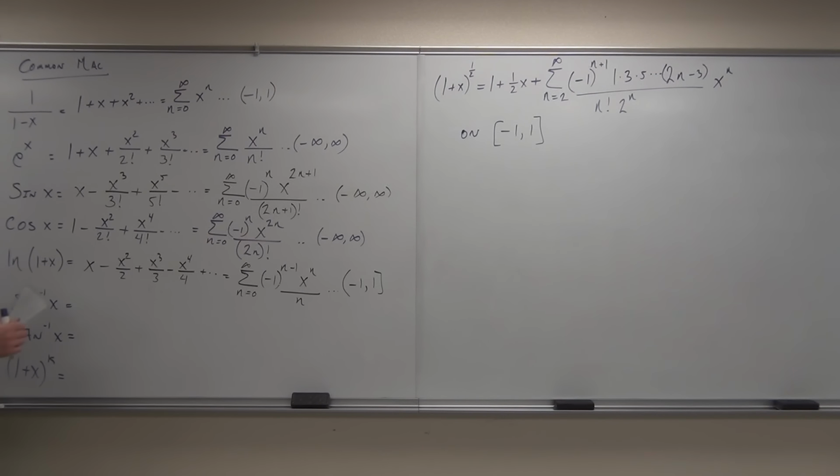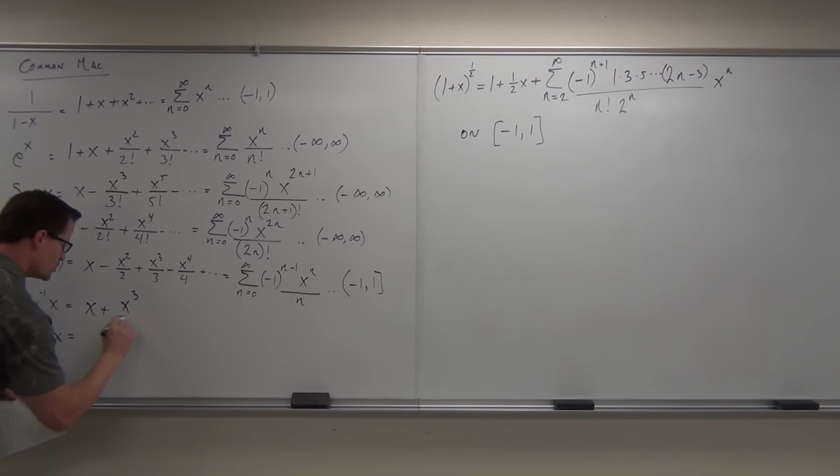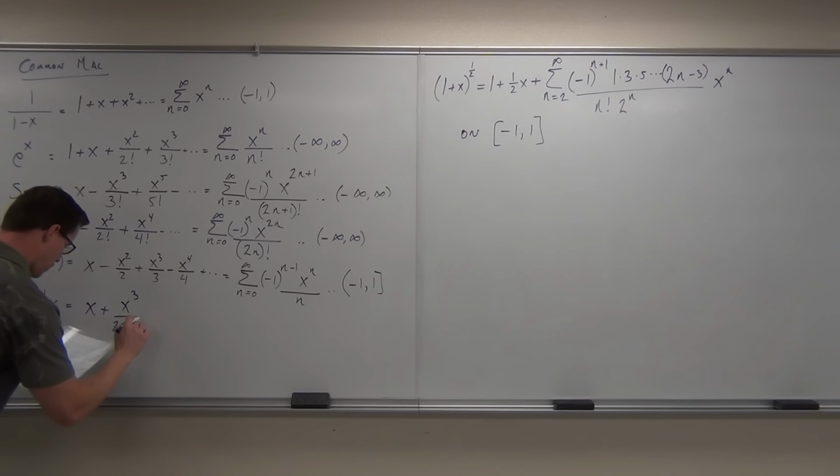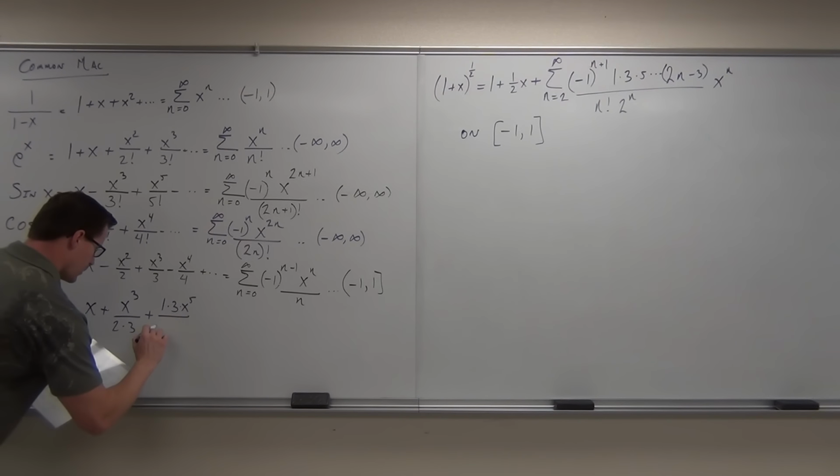Sine inverse of x. We would have x. We would have, no, we have not done this one, okay? I'm just giving this to you so you have it. We actually do x cubed over 2 times 3. We would do 1 times 3 x to the fifth over 2 times 4 times 5.